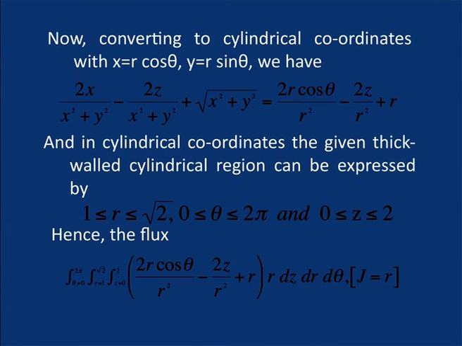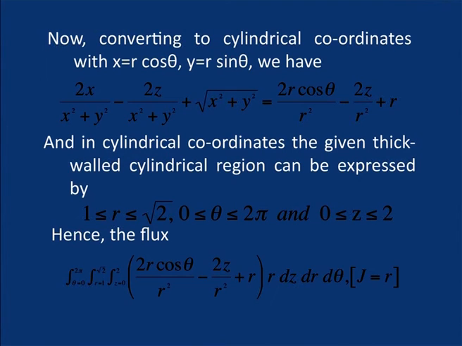In cylindrical coordinates, the given thick walled cylinder region can be expressed as 1 less than or equal to r less than or equal to root 2, theta between 0 and 2 pi, and z between 0 and 2.